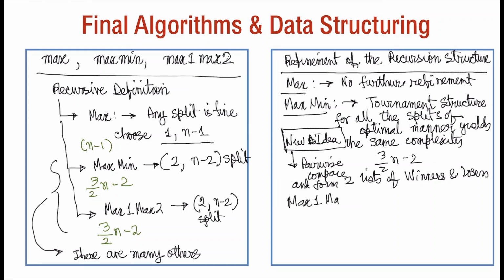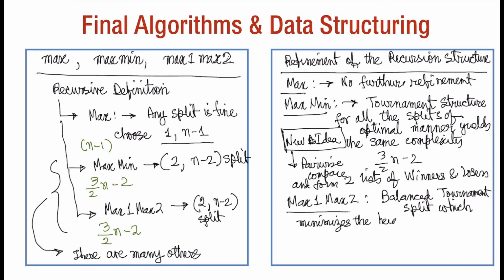Whereas from max 1, max 2, we found that among the many ones which give the odd even, even, even split, the balanced tournament split, which minimizes the height of the tournament, allows a more efficient algorithm.